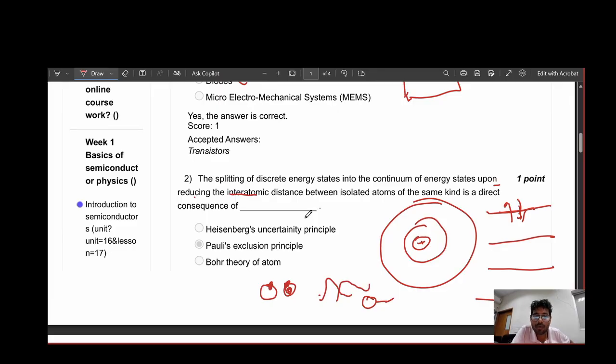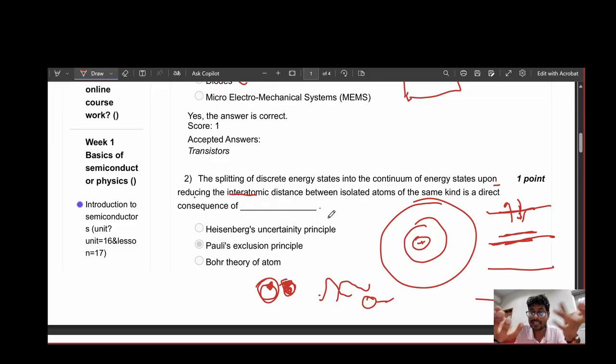Because of the overlap of the wave functions, these energy levels will split. At this energy level two electrons can be occupied, and at the other energy level two electrons can be occupied.